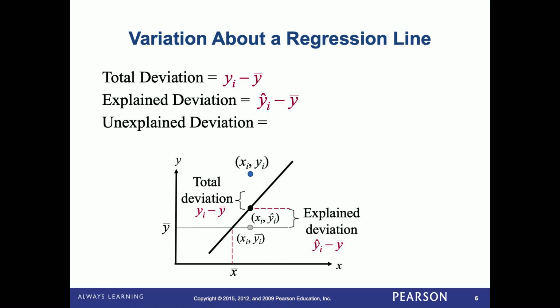And your unexplained deviation is your individual y value minus your y cap. Now, this is y cap, the little hat that's been cut off a little bit, and this is y bar. Y bar is the average of y's. You got to keep them straight.